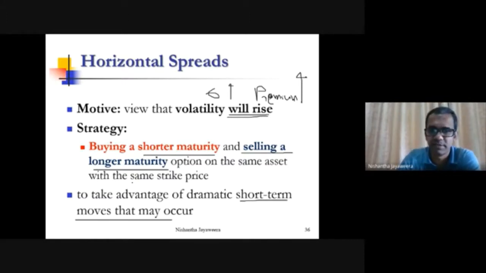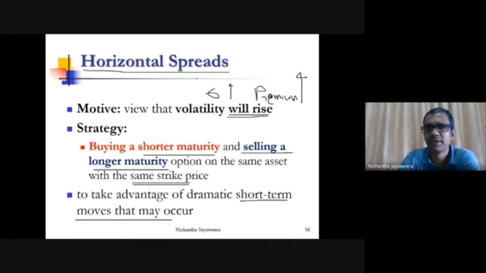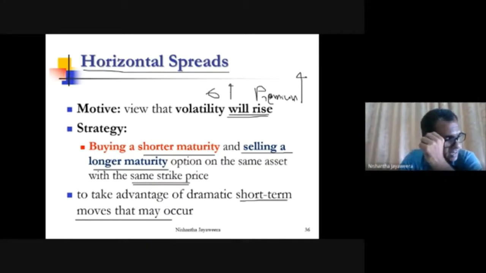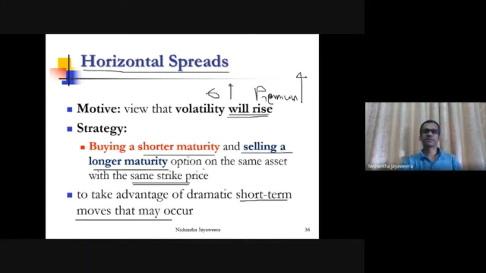Remember that one as well. It should be with the same strike. That is the horizontal spread. So basically in a horizontal spread, we buy and sell same category options with the same strike but with different expiry dates. If you expect volatility to be lower than the current, then what do we do?